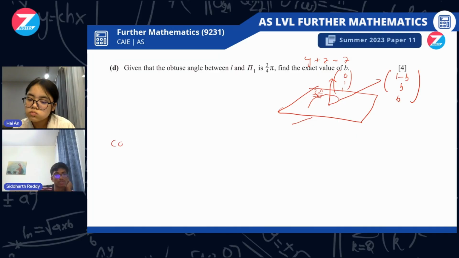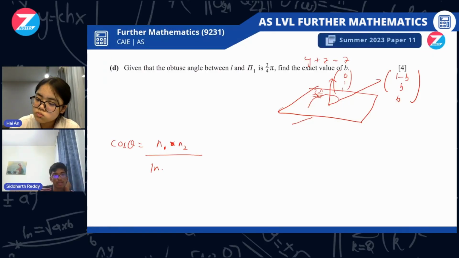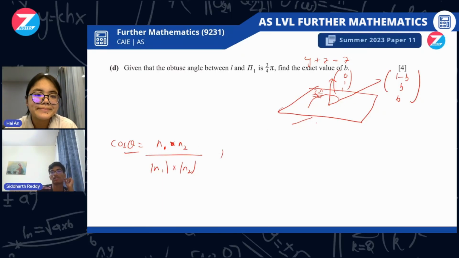So now we can just use the formula cos theta is equal to n1 dot n2 divided by magnitude of n1 times magnitude of n2. For theta, you always have to take the acute angle. Since this is 3 pi by 4, we'll take this angle as pi by 4. So cos of pi by 4 we get root 2 by 2.